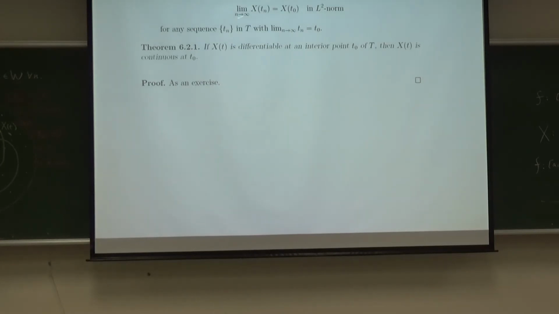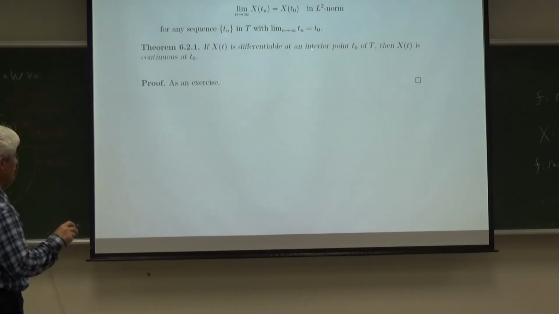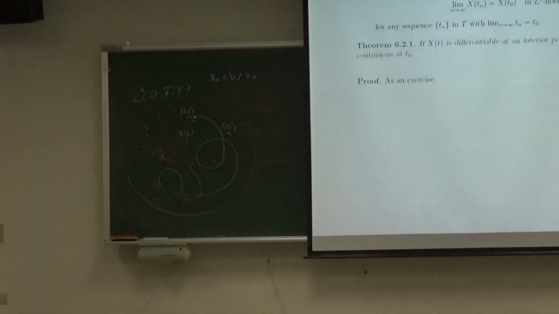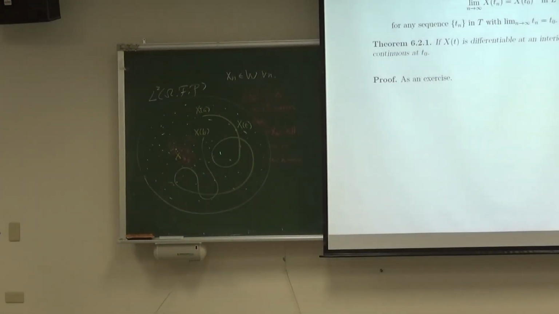And as in calculus, if x(t) is differentiable at an interior point t0, then x(t) is continuous at t0. So differentiability implies continuity. This is a well-known result in calculus, and it is the same in the L2 space. So if this curve is differentiable at each interior point t, then the curve should be continuous. So it's a continuous curve in the L2 space.